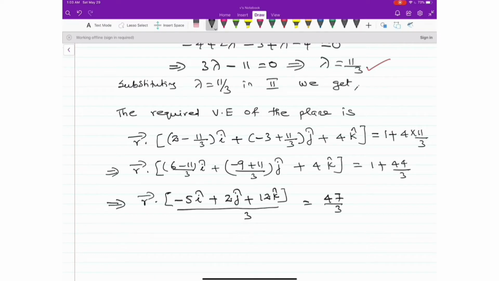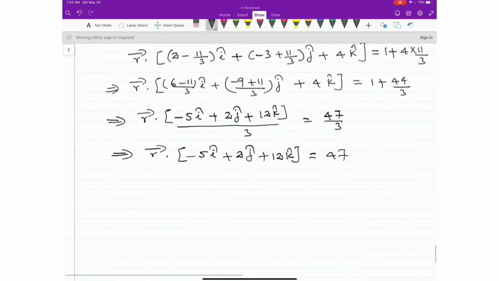So 3 will get cancelled on both sides. We get, this implies vector r dot (minus 5 i cap plus 2 j cap plus 12 k cap) is equal to 47.